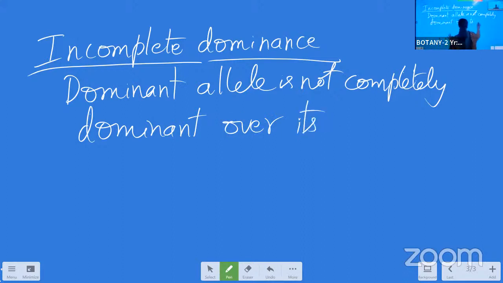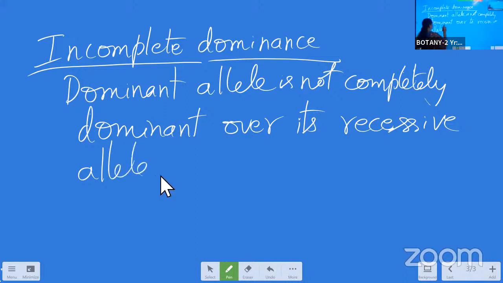Its recessive allele. Its recessive allele only, not any other recessive allele. Okay. Its recessive allele. So now the conditions we have to write. That means we say homozygous or heterozygous. That's the one we have to show. That is the heterozygous condition. In heterozygous condition.